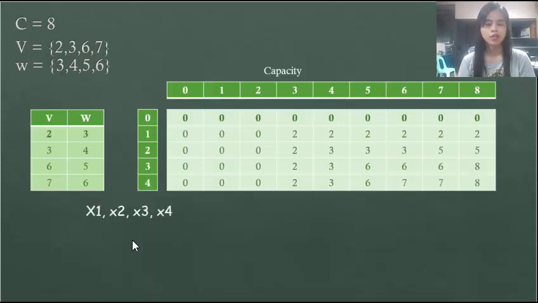So now let's check what items will be included in the bag. We have here x1, x2, x3, and x4. This represents the items here. So first, let's check the greatest value in the fourth item. It's 8 on this column 8. Now ask if the value of 8 is included on the third item.